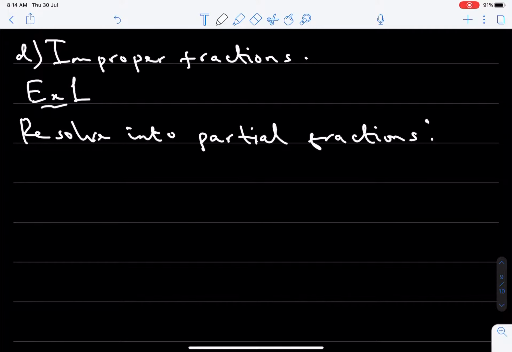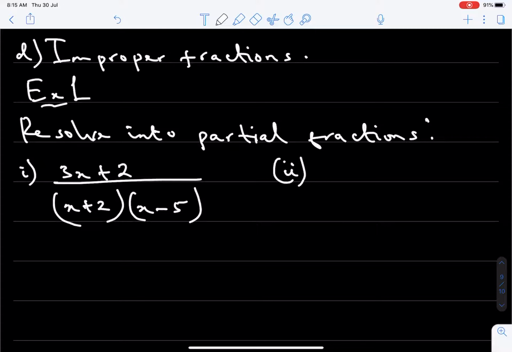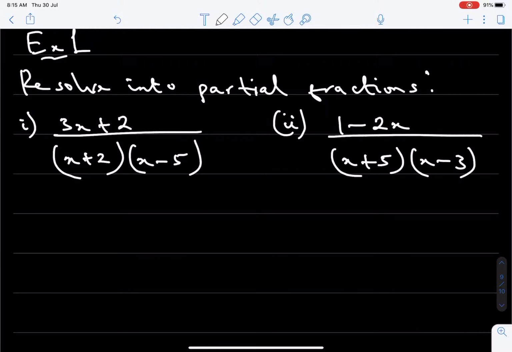Resolve into partial fractions: Roman figure 1, let's take 3x plus 2 divided by x plus 2 times x minus 5. And the second is 1 minus 2x divided by x plus 5 times x minus 3. So let's go straight to the solution.